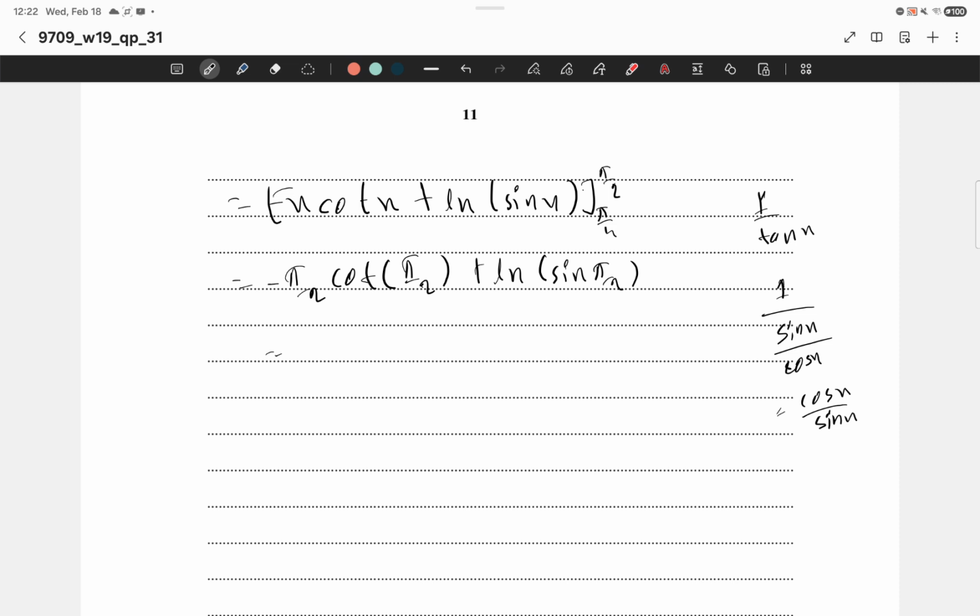Yeah, where are we again? We were putting the values of the limits.